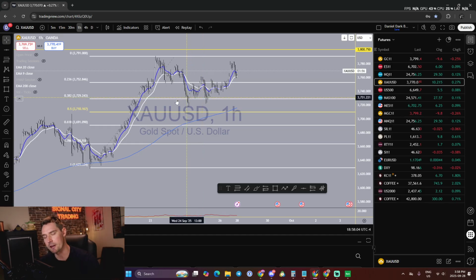And the good thing about the 382 is that if you have a really strong run, the retracement to the 382 is usually the pivot point. If you have a weaker run, the retracement to the 50 or the 618 is usually the pivot point. So if you have a really, really strong move like this, then look at the 382. If you have a weaker move where it's chopping up a bit more, look at the 50, look at the 618 for entries.